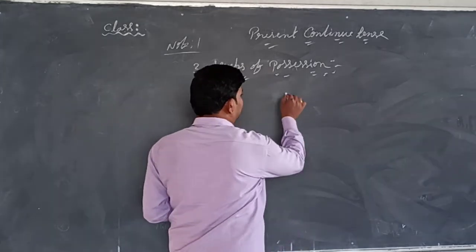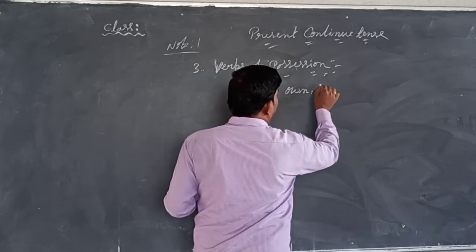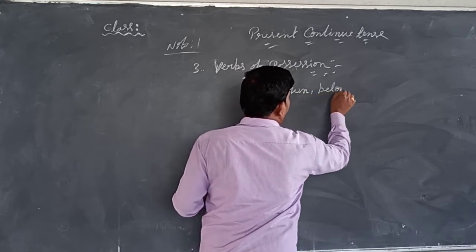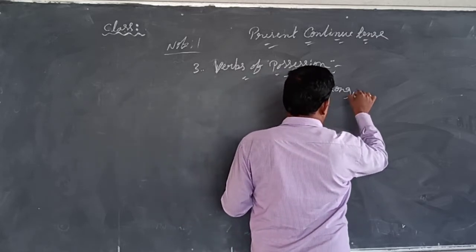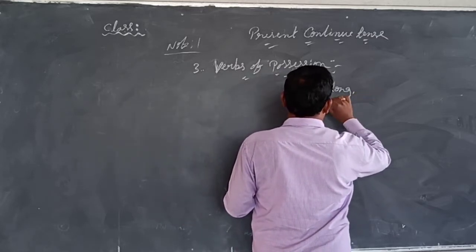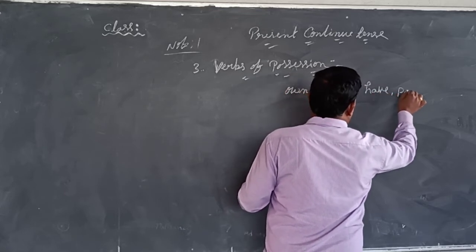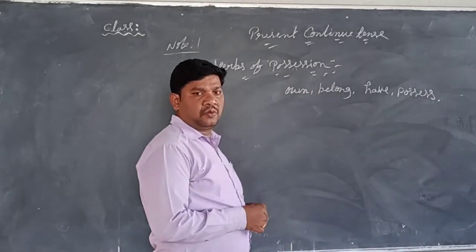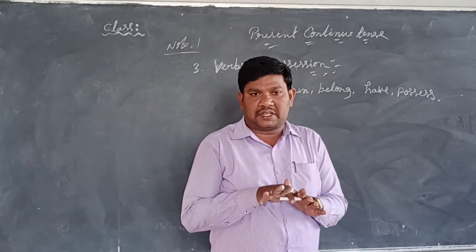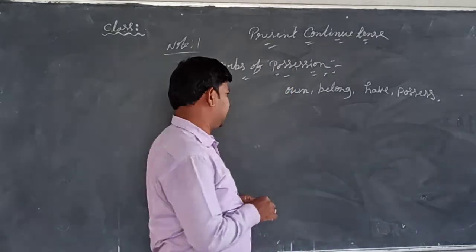They are own, belong, have, and possess. These verbs we should not use in present continuous tense. Those are possible in simple present tense only.